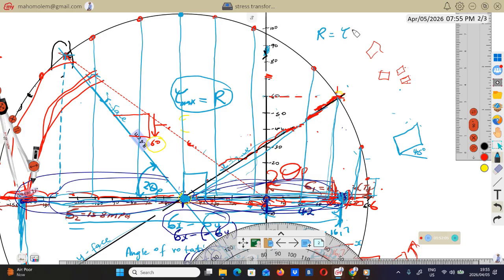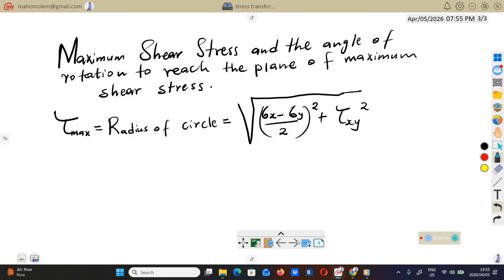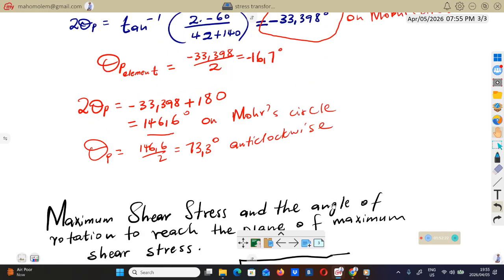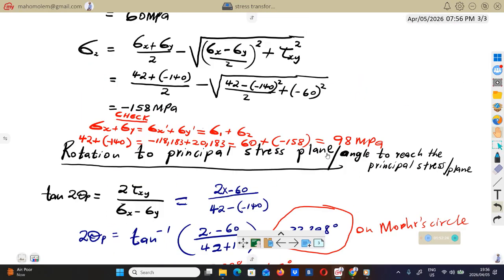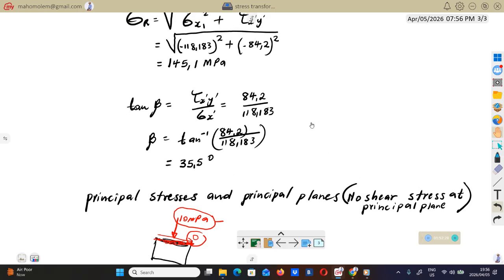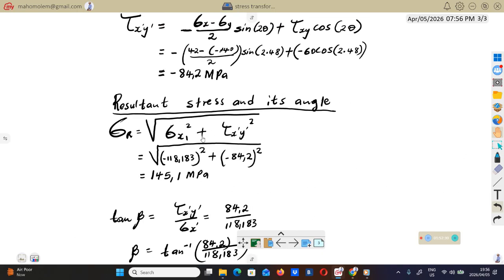So please don't confuse that R with the resultant stress. Most of you, when they say calculate resultant stress, you are going to use this formula. The formula for resultant stress is this one. It's not there on your formula sheet.